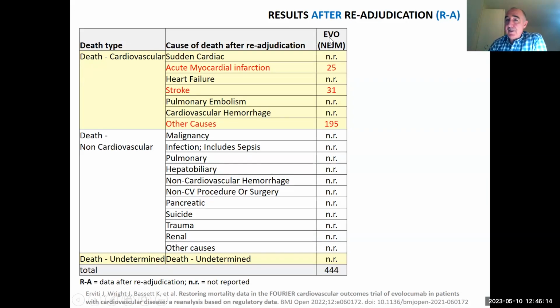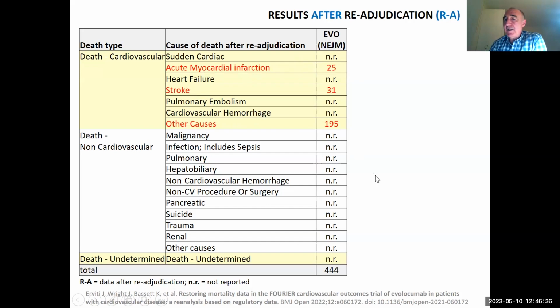Well, and what else? In the information in the New England Journal, we found that there were 25 deaths of myocardial infarction, 31 deaths out of stroke, and other causes accounted for 195 deaths.